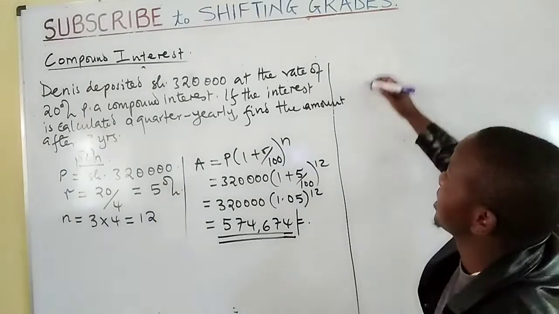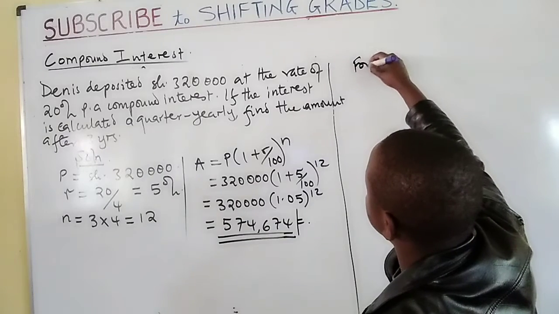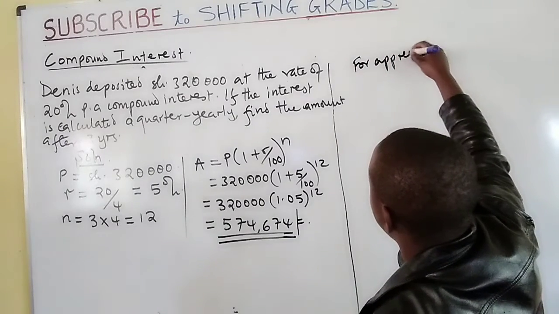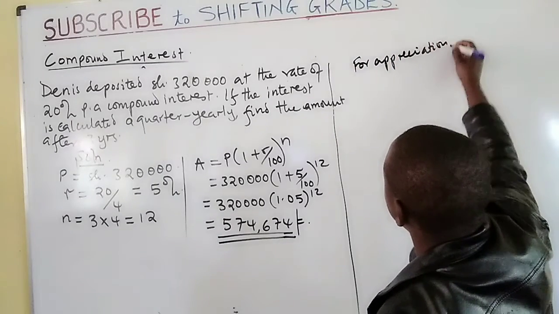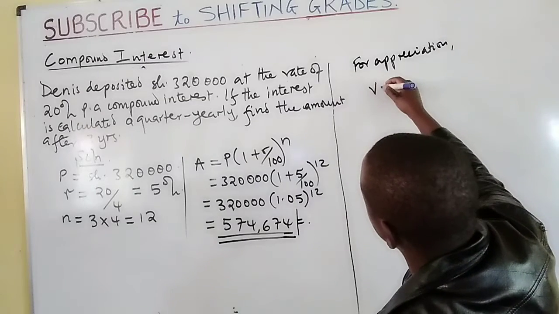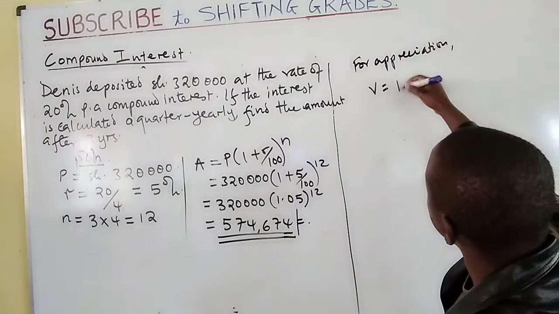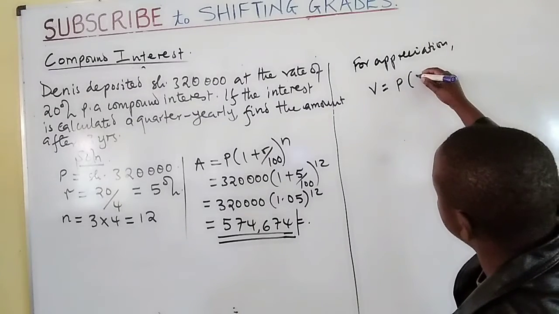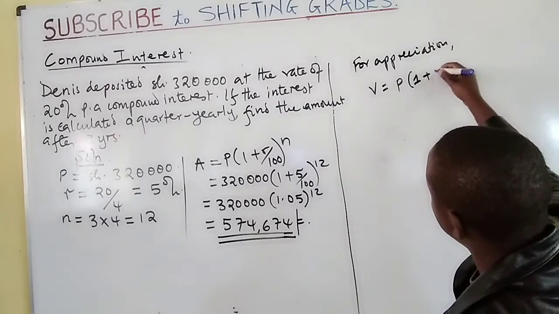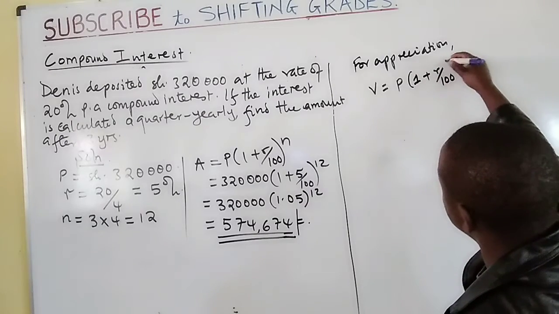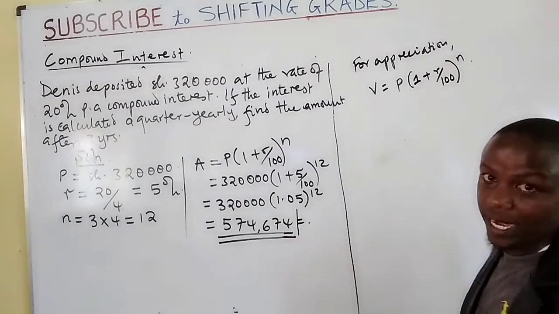Now, for appreciation, the new value of a commodity is given by the original value, principal, into 1 plus rate, which is a percentage, raised to n.